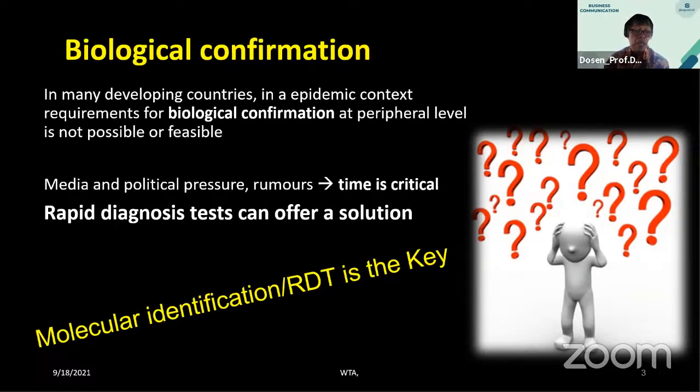My point here is molecular testing is the key, because according to today's situation with COVID-19, rabies, Ebola, and MERS-CoV infection, we should have tools to detect virus variants and also to identify the cases and to control the cases and to control the zoonotic diseases. This is the point that I want to stress for my talk today.